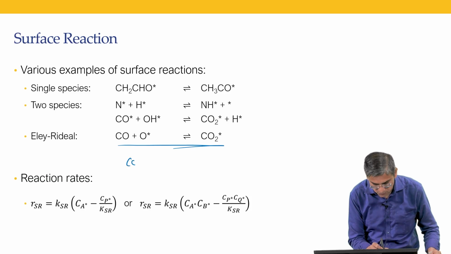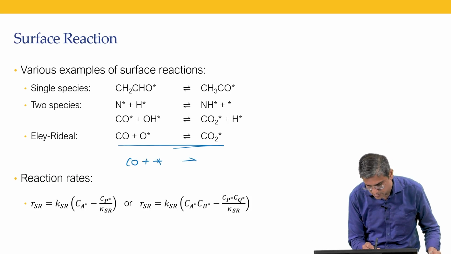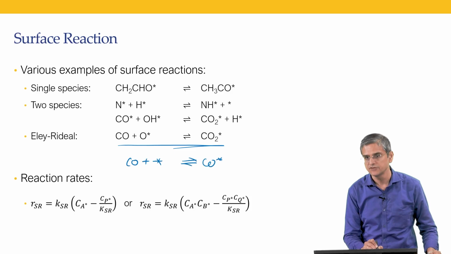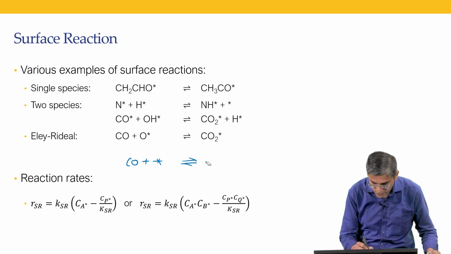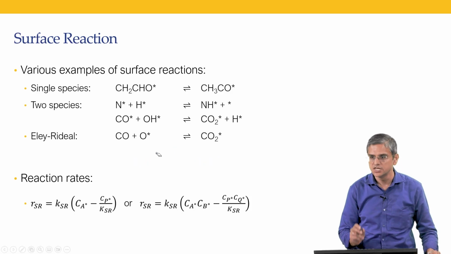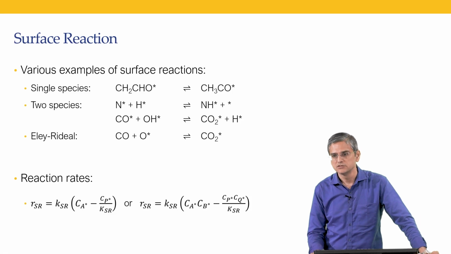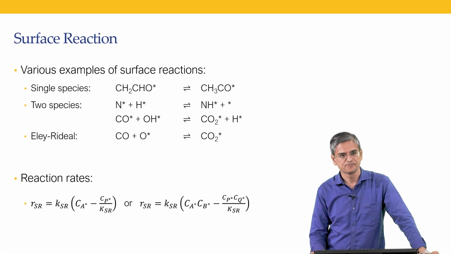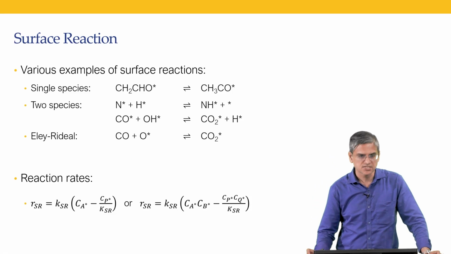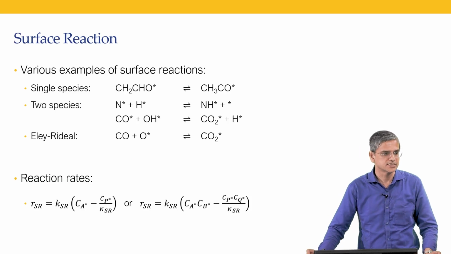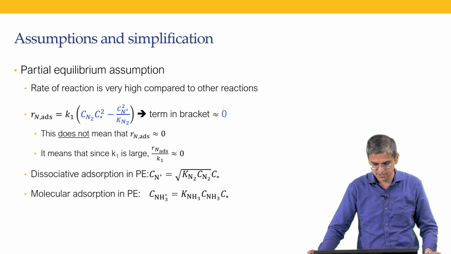Adsorption will be CO plus star giving CO star, that we have already done. What we are going to do in the next lecture is to look at surface reaction steps. This is the slide that we will start off in the next lecture. Thanks and see you in the next lecture.